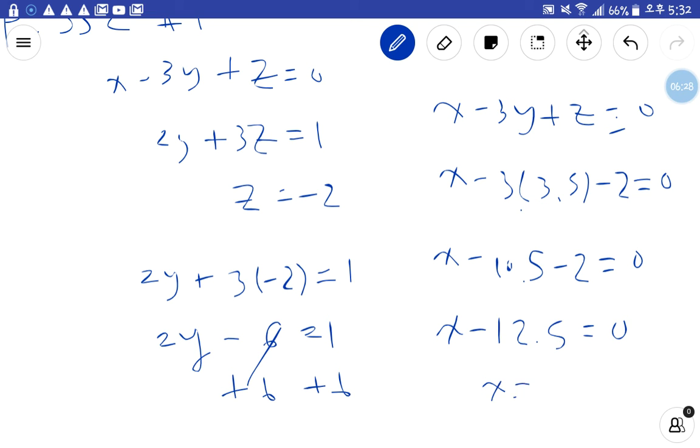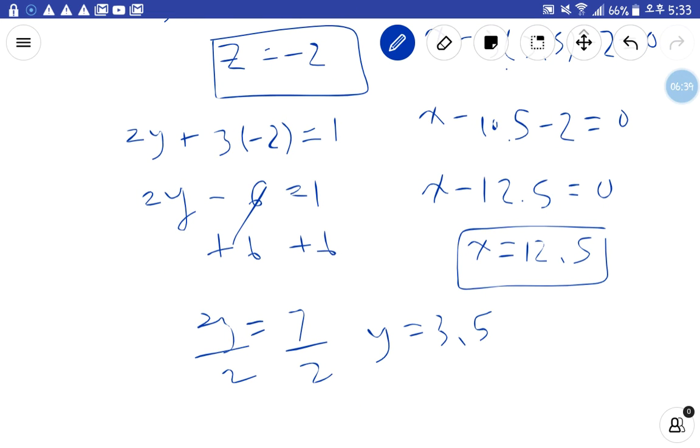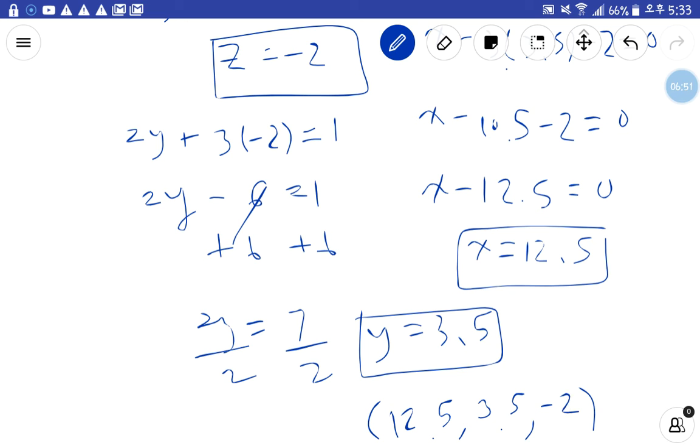My x would be what? 12.5. So this is my x, this is my z, and this is my y. How can you represent your answer? Using the ordered triple, which is 12.5, comma, 3.5, comma, negative 2. Okay? Alright, let's go back to example 2. So please go back to page 544.